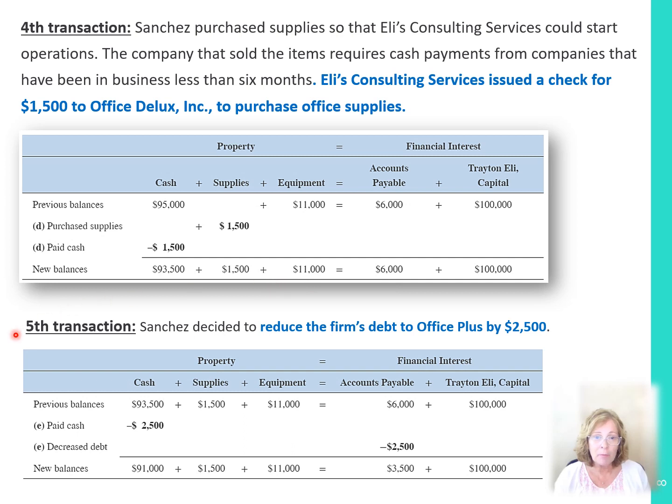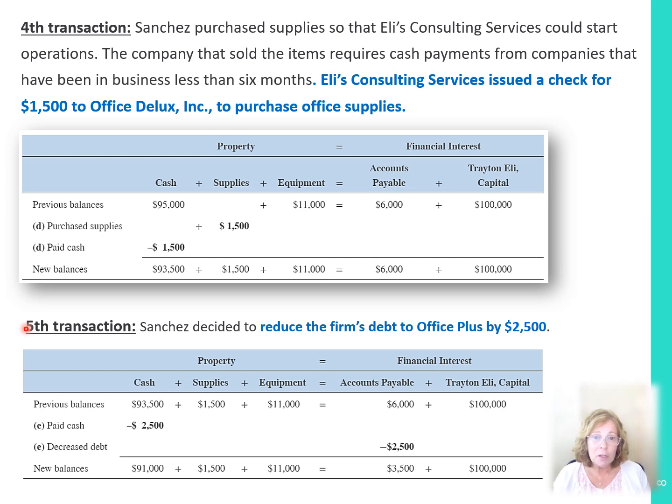So let's now look at the fifth transaction. The office manager Sanchez pays $2,500 to Office Plus to reduce the firm's debt. This related to our third transaction when Eli's Consulting bought computer equipment on account from Office Plus for $6,000. When we analyzed that original transaction, we increased computer equipment and we increased accounts payable.